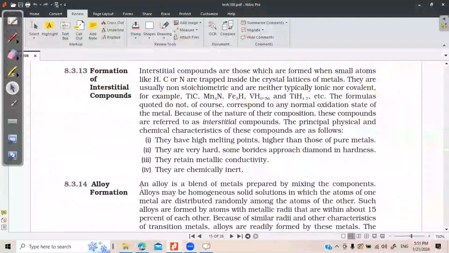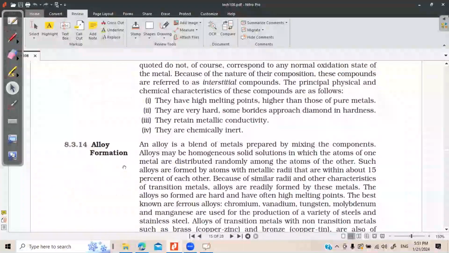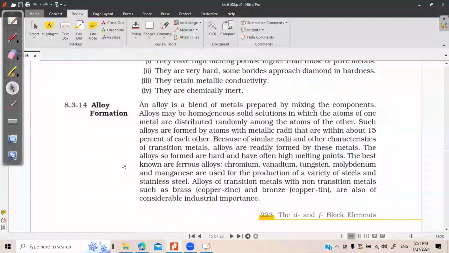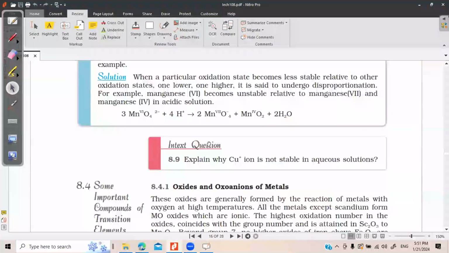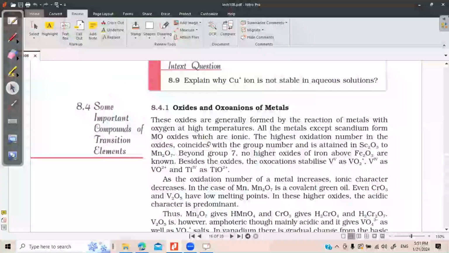So they provide large surface area, variable oxidation states are possible, and they provide empty orbitals for breaking the bonds. Alloy formation: because they have almost similar size, as we have discussed, they can be mixed together, and the desired properties of any solid can be obtained by mixing these elements. So alloys are possible.